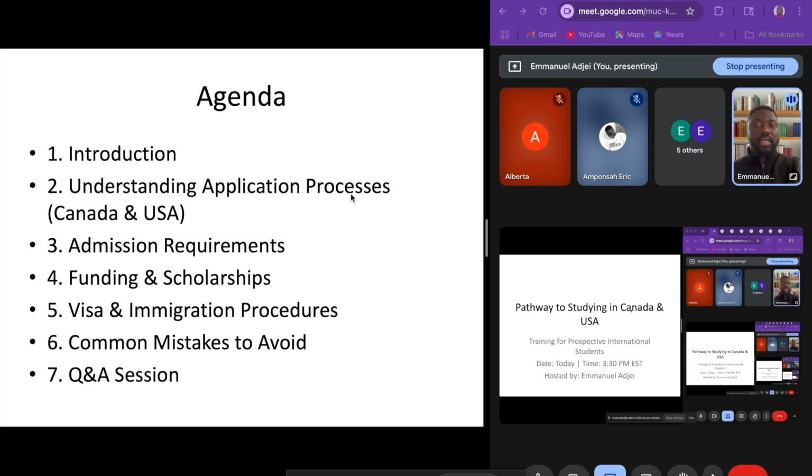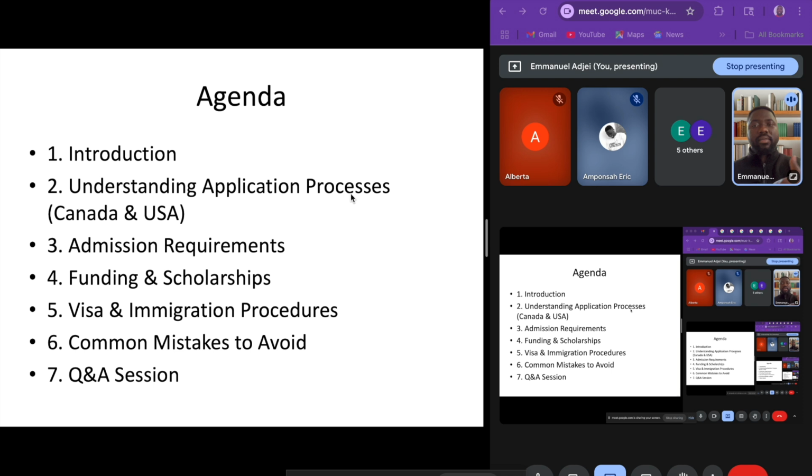The next slide, agenda. I've talked about myself, which is the introduction, then understanding the application processes to Canada and the US, and understanding admission requirements, very much important. People are most interested in scholarships, but admission requirement is very important when you are going through this whole study abroad journey. And then the most important aspect that people are highly interested in is funding and scholarship.